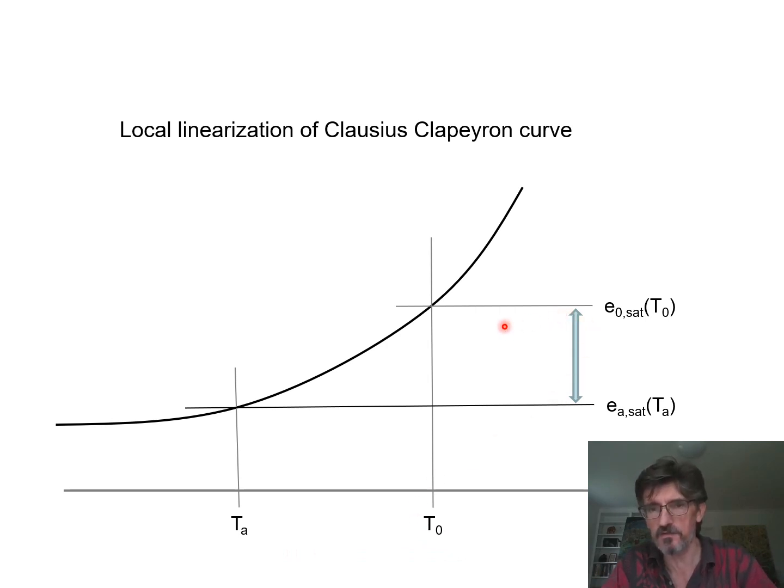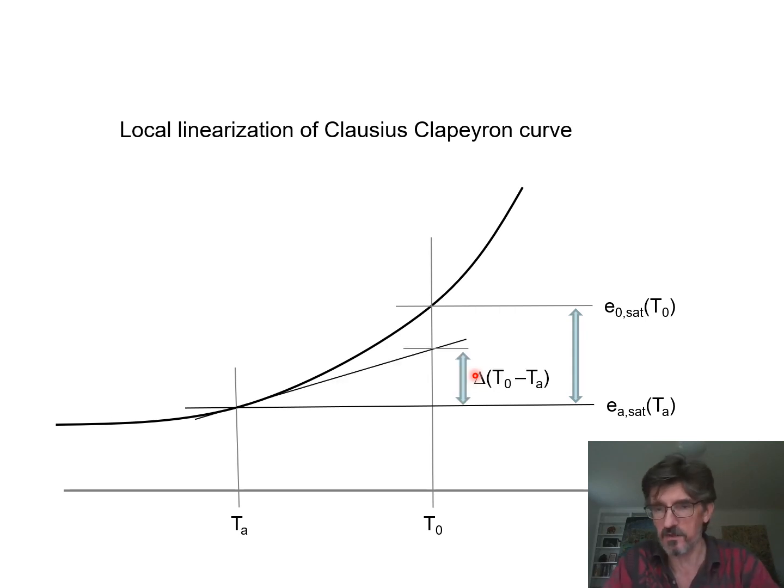So instead of this difference, E_0 sat and E_a sat, this would be the actual value that we have in the system. We take its linearized value, meaning we take the slope at the point where we imagine that we know the temperature in the atmosphere.